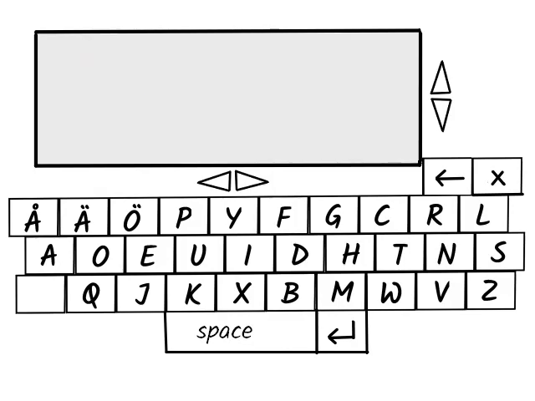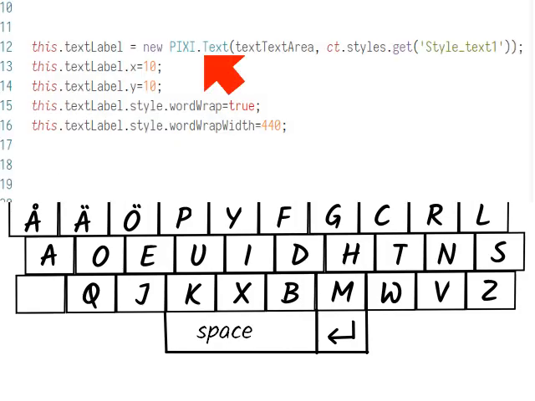Like with the text box, we use a PIXI text to print the text on the screen. This text label holds the text to be printed and the font to be used. We set style word wrap to true for this text label. The text can now be set to shift to a new row when the text has reached a certain length.